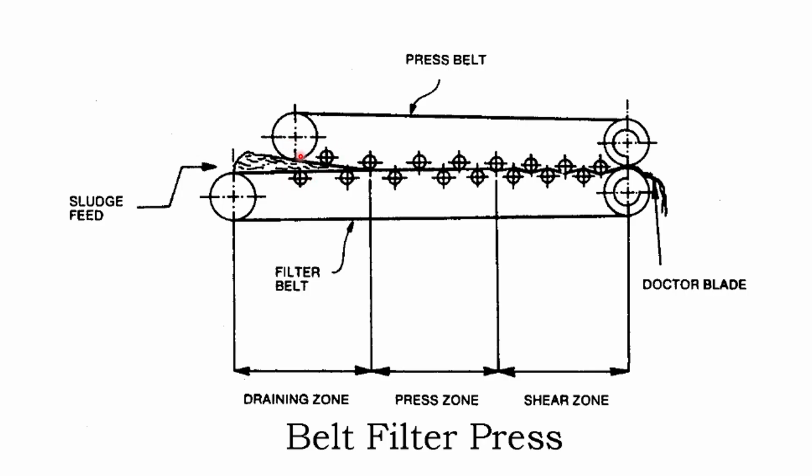So what you're going to do is you're going to have the sludge come in, the roller's going to press it out, squeeze it out between these two belts. You've got a lower belt and an upper belt. The sludge gets squeezed in between the two belts, and all the way through there's these little rollers or bollards, horizontally mounted bollards, if you will, and they're going to squeeze the water out of that sludge.